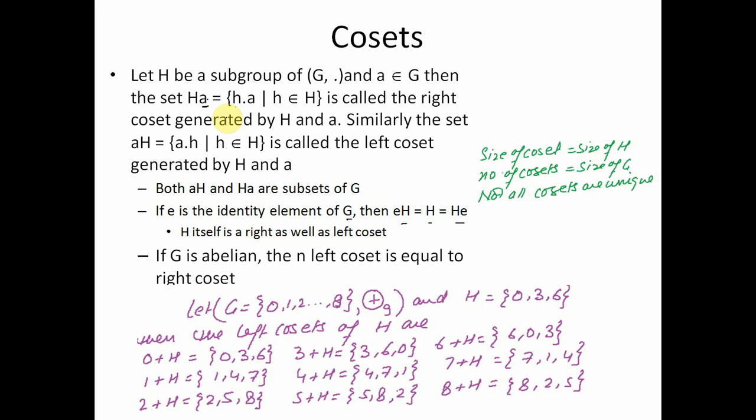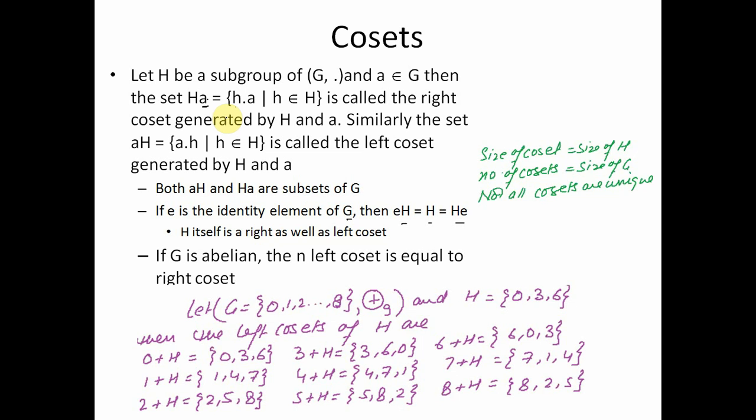Similarly, what will be the size of the coset? See, how am I defining the coset? I am taking the element A from G and operating with all the elements of H. So the size of the coset will be the same as the size of H.